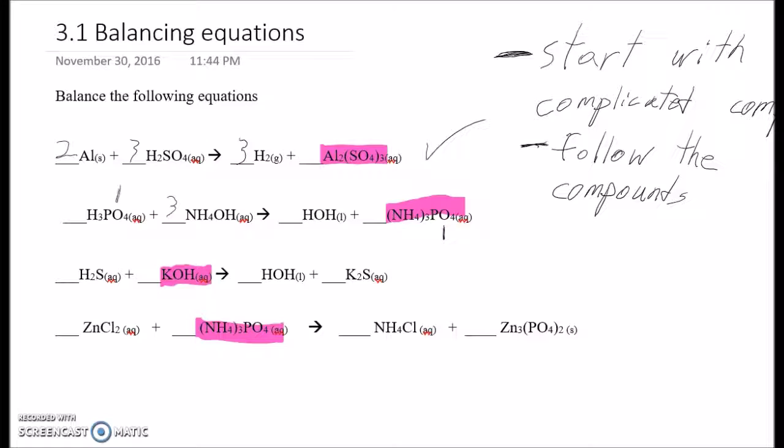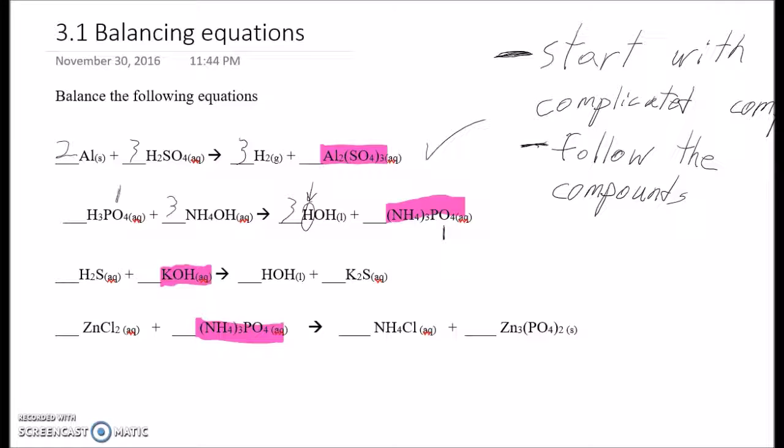So now I need to look at the second part. There's the OH here. So how many OHs are there on this side? 3, because we just multiplied in. Now this coefficient is multiplying in. So let's make sure there's going to be 3 on this side. Okay. 3 OH, 3 OH. And now we follow. There's an H here.